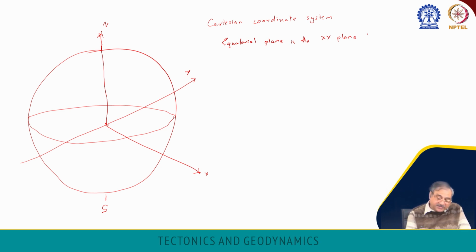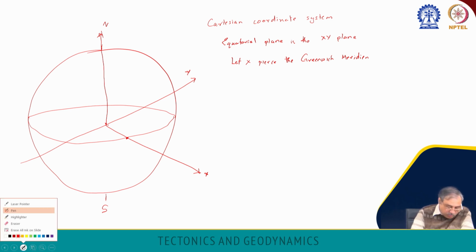Now on this xy plane, let x pierce the Greenwich meridian. So x here is piercing the surface of the earth at that point. So the longitude that represents the Greenwich meridian passes through here.